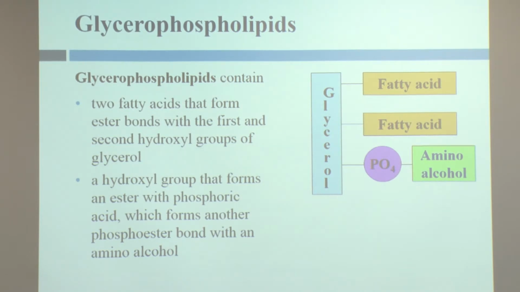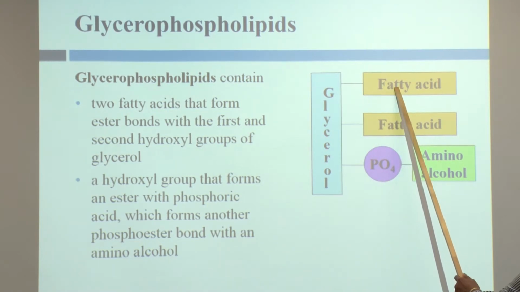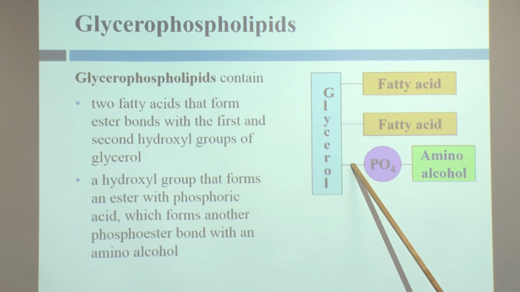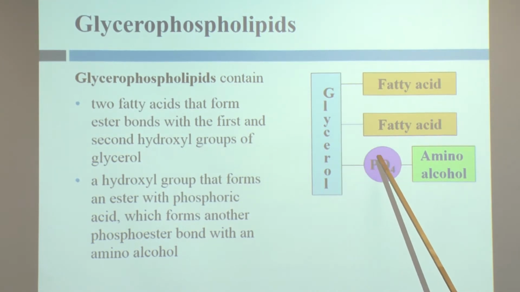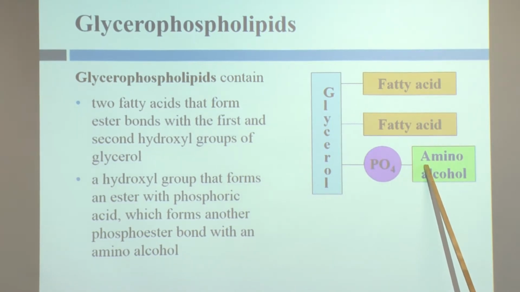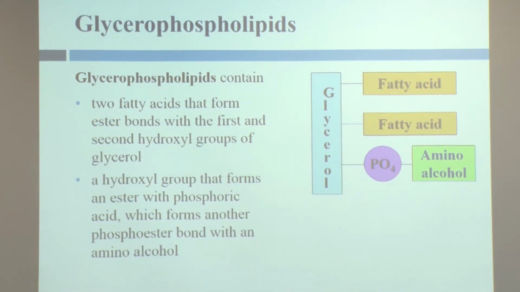They form ester bonds with the first two hydroxyl groups, and these two fatty acids are connected through an ester bond. The third hydroxyl group connects to the phosphoric acid, which forms another ester bond with the alcohol. So this is the basic setup. So there are four components.